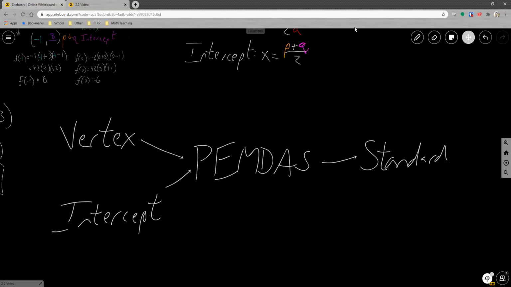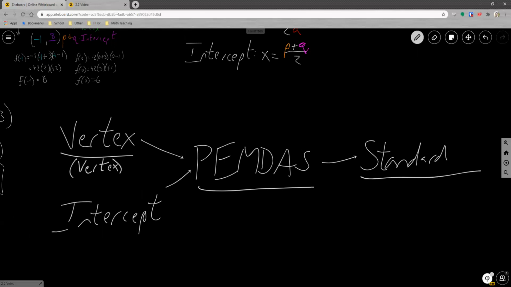But what's nice is if I start in one, I get as much information out of it as I can. I go through the order of operations, and I have standard form, which gives me a little bit more information, like the y-intercept. Then I can build more information on my graph fairly easily. So vertex form gives me the vertex.